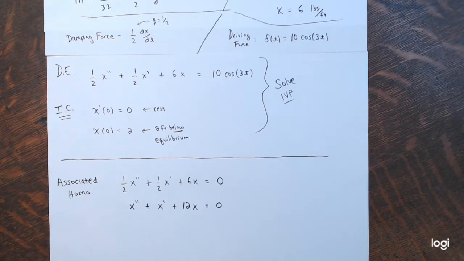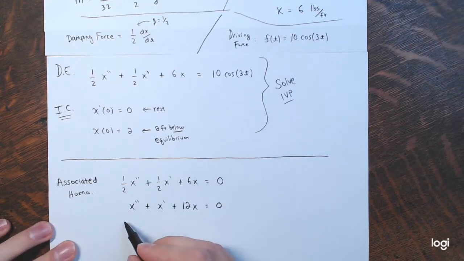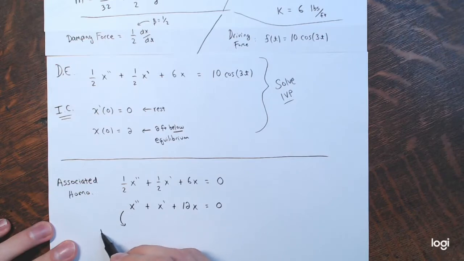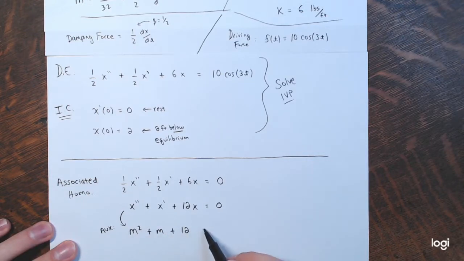So I would let x equal e to the mt and put it in here, and here's our auxiliary equation. I'll just put AUX. m squared plus m plus 12 equals 0.